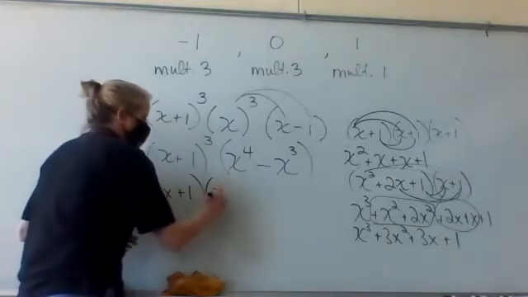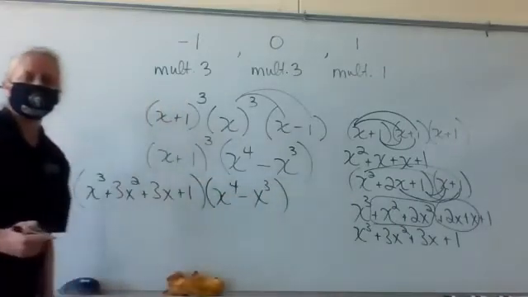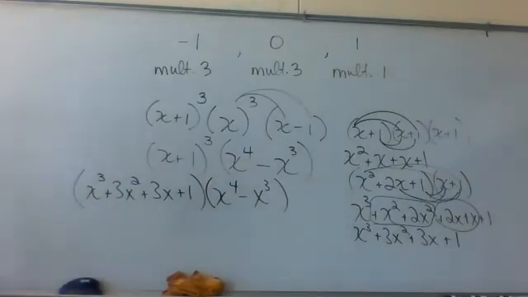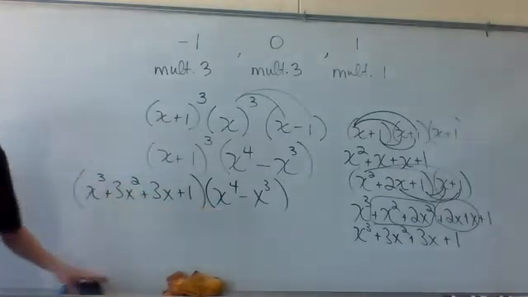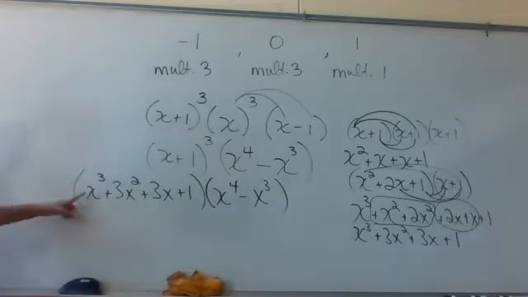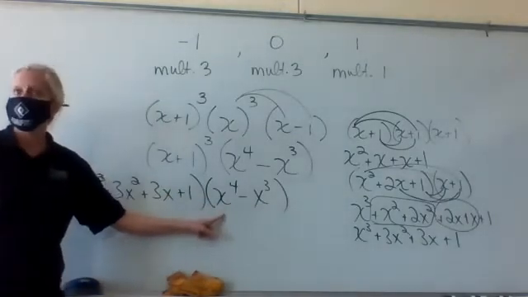I need to drop down my x to the fourth minus x to the third and multiply those together. This is the problem that made me say I'm not doing this the Friday before spring break. So I've got to distribute x to the third to both of those.